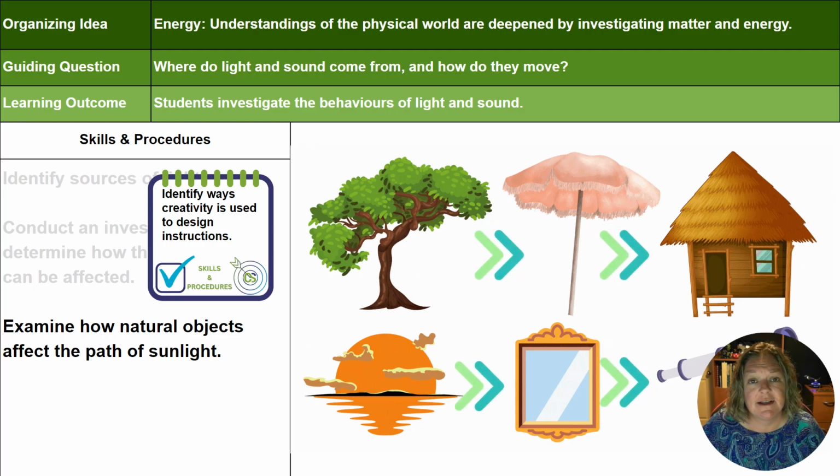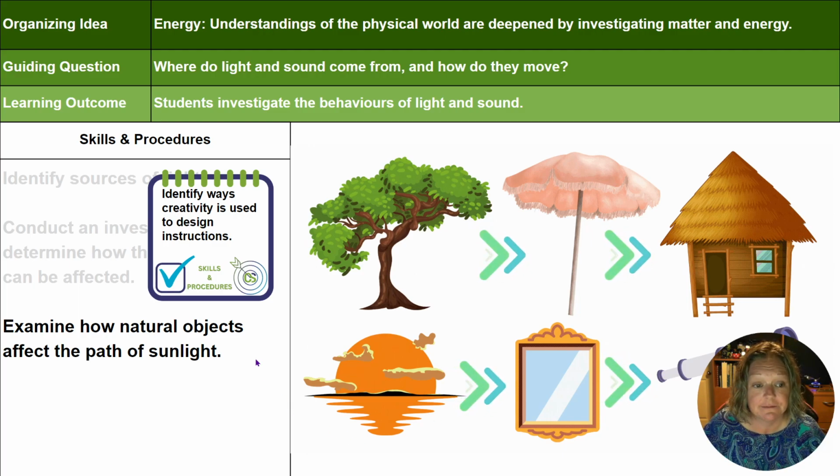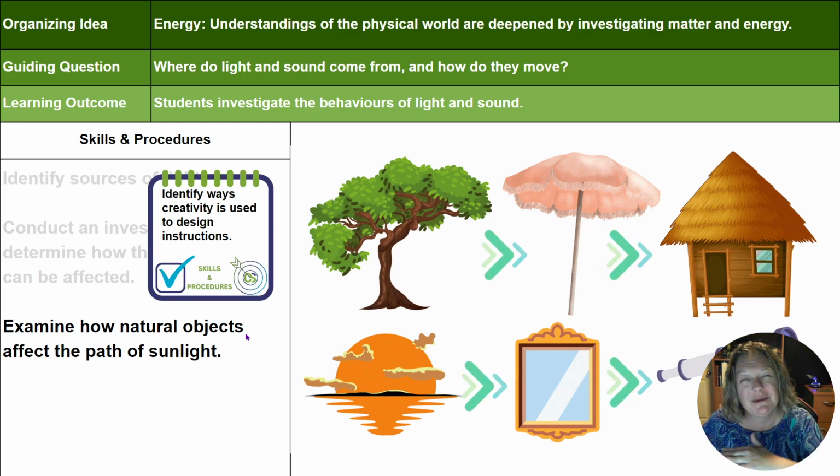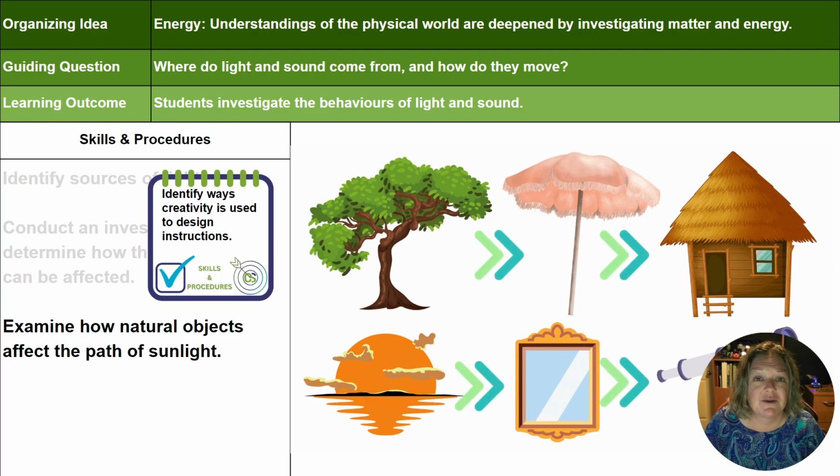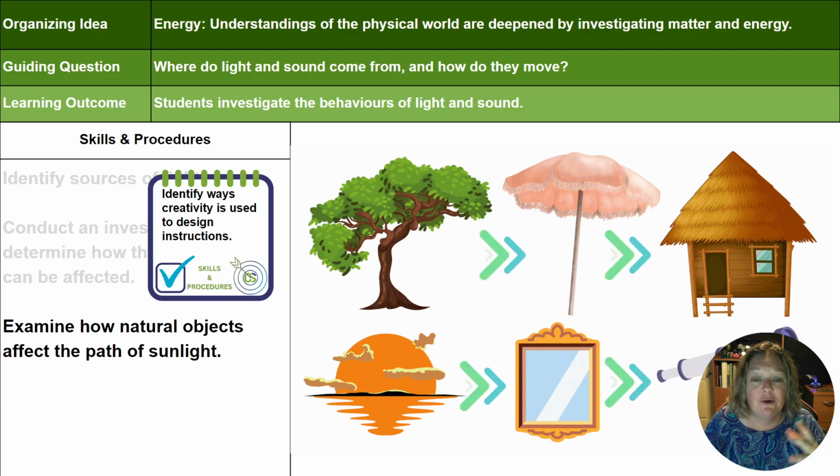In the computer science outcomes for grade 2, students are asked to identify ways creativity is used to design instructions. I am using a little bit of creative license here and just talking about creativity in design as opposed to design and instructions specifically. I think this is a good way that we can have students look at how natural objects affect the path of the sun.